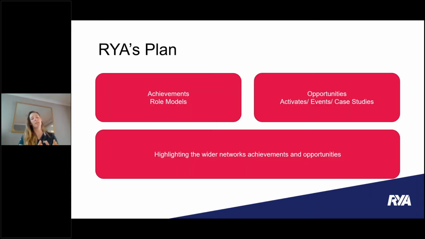So the RWA's plan is really to pick up on those key elements that we mentioned that World Sailing were looking to get out of this. First of all, it was about highlighting the achievements and celebrating women in our sport. So we have a number of role models within the sport. We are very, very lucky. We have a lot of activity going on.